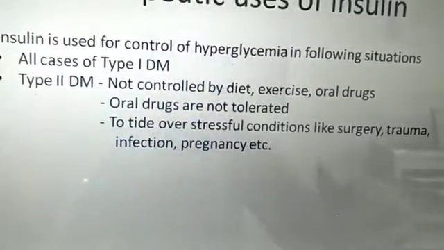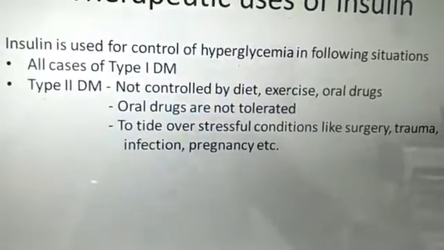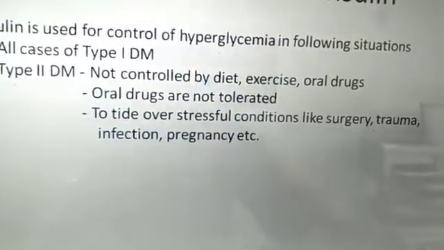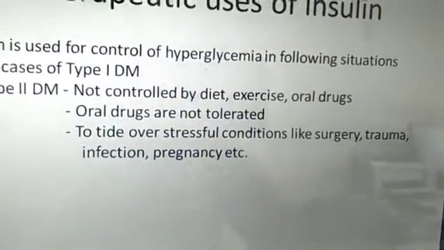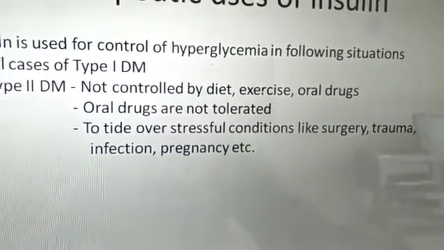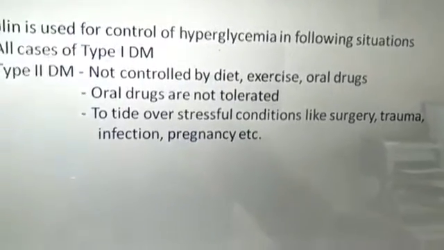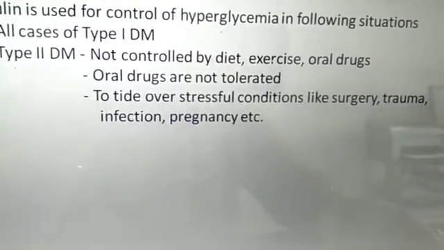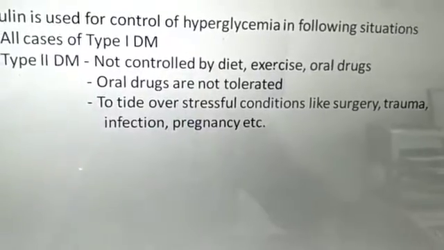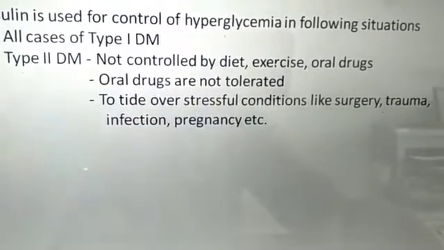In some patients they develop serious adverse effects with oral drugs, they are not being tolerated, or insulin is added to the oral diabetic drugs to tide over the crisis, such as surgery, trauma, infection, pregnancy, so on. Any type of stress can worsen the diabetic control, so insulin can be added to the oral drugs.